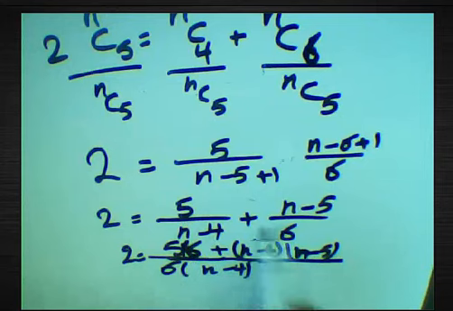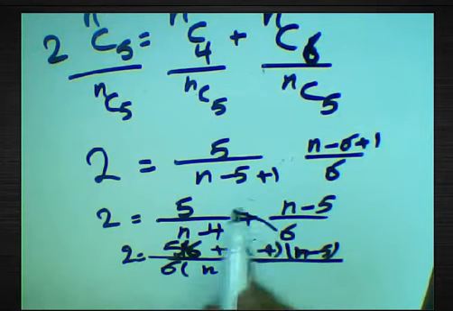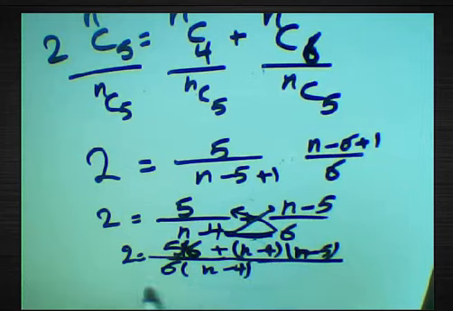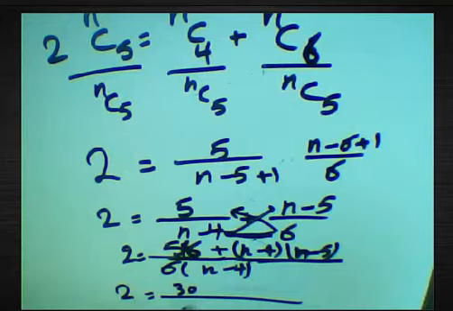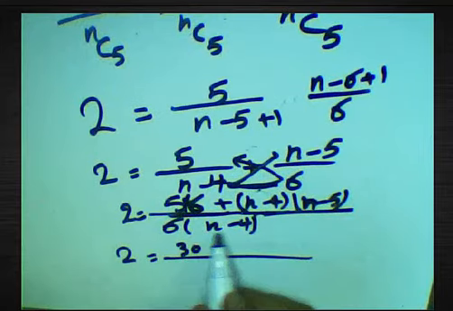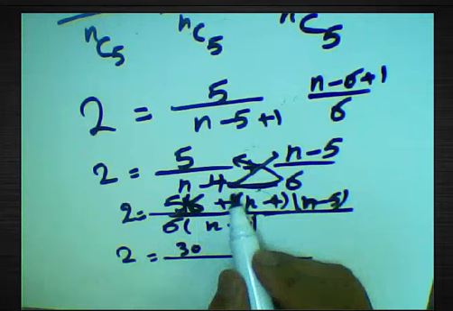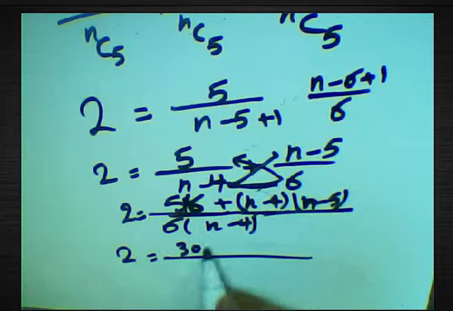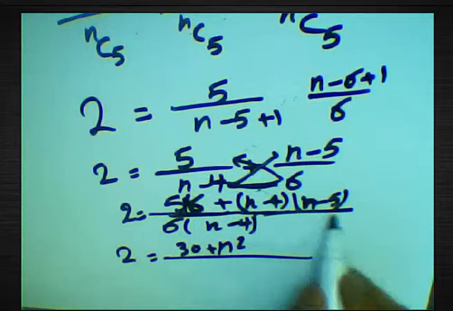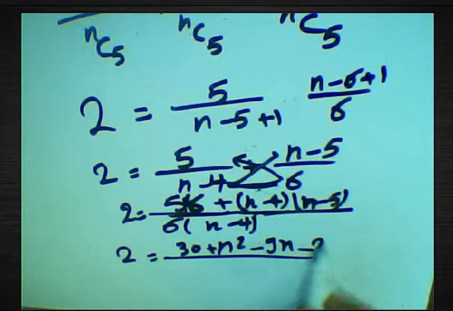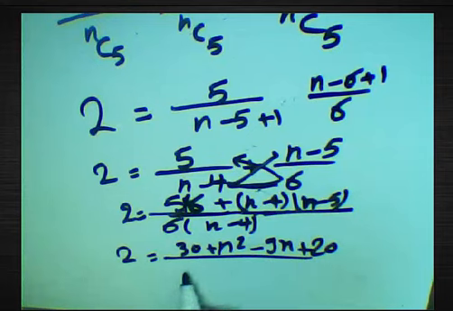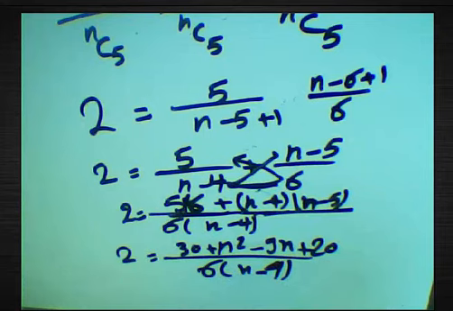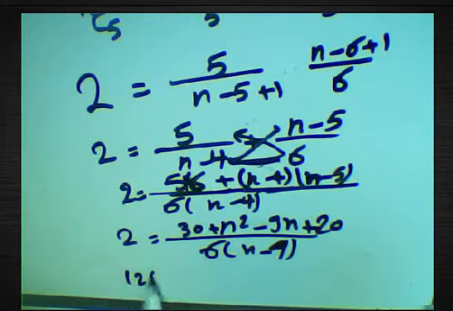5 over n minus 4 plus n minus 5 over 6, cross multiply between them, and you can simplify it. 5 times 6 equals 30, and n minus 5 times n minus 4: n times n equals n power 2, and negative 4 and negative 5 equal negative 9n, and negative times negative equals positive 20. 6 multiplication by n minus 4, and doing cross here, 12 multiplication n minus 4.